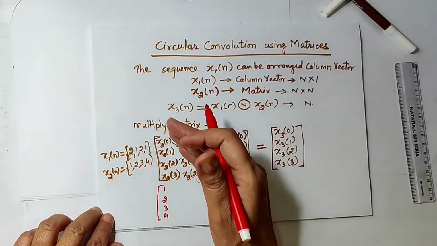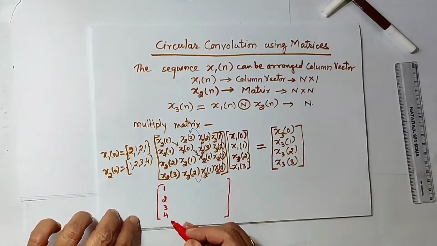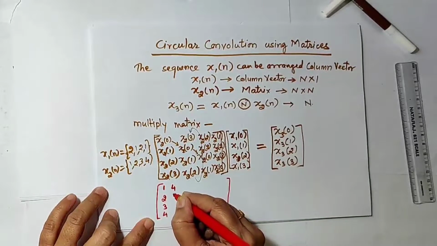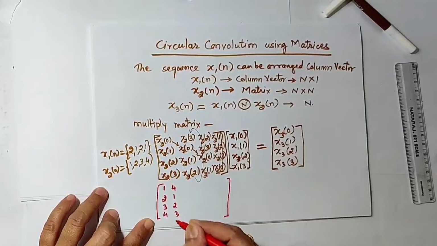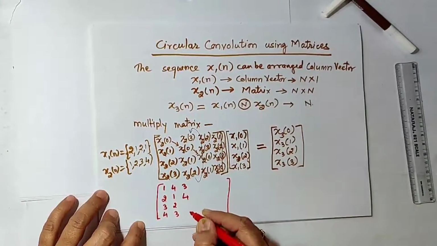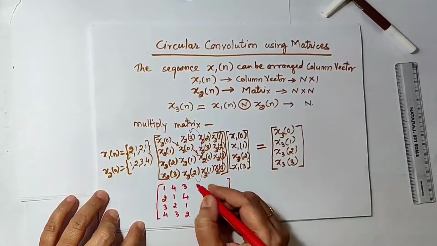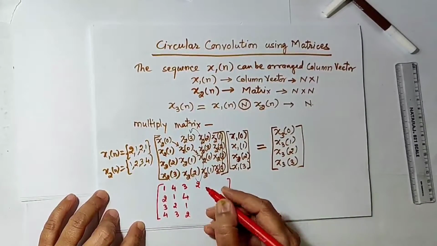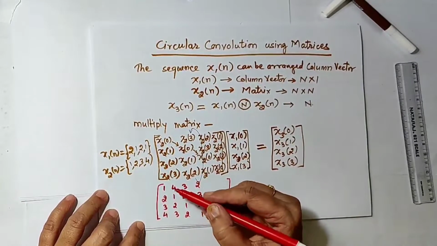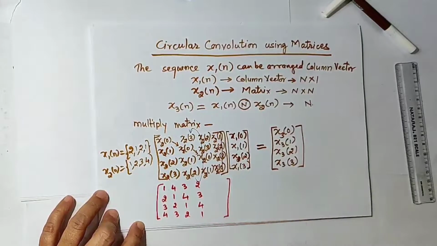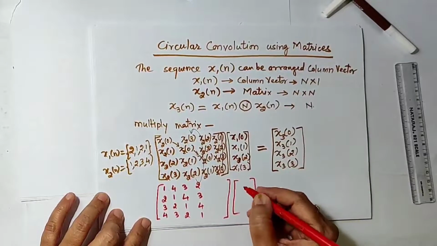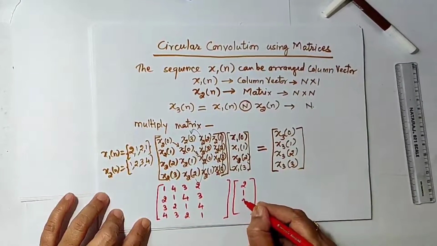I am substituting the values column-wise. So now we have 1 4 3 2, then 2 1 4 3, 3 2 1 4, and 4 3 2 1, each a one-step circular shift of the previous. And x1, we know, is 2 1 2 1.